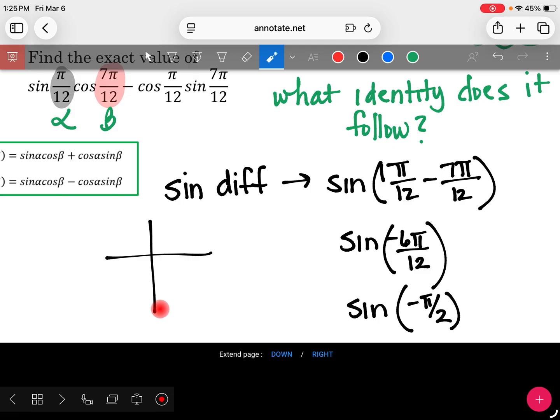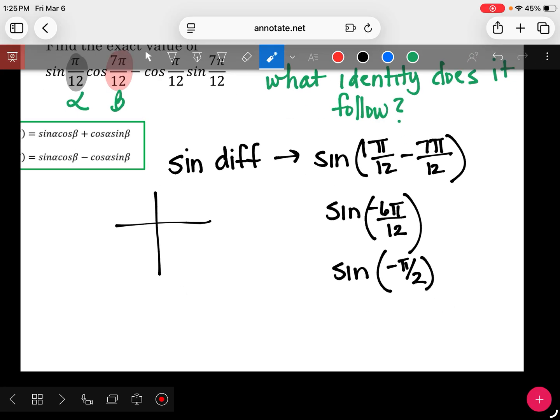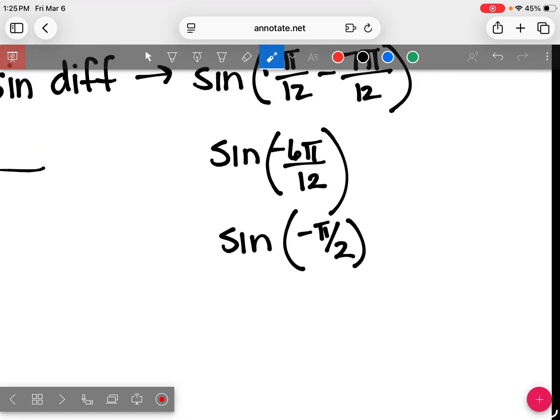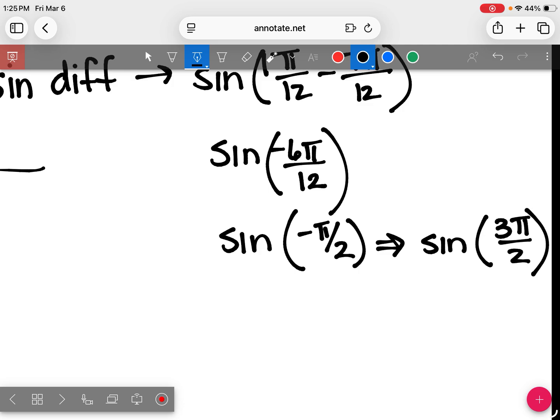Which in radians is what? 3 pi over 2. So this is the same as saying, what is the sine of 3 pi over 2? It's the exact same thing. So what is the answer? What is the sine of 3 pi over 2 or negative pi over 2? Negative 1, and that is my final answer.